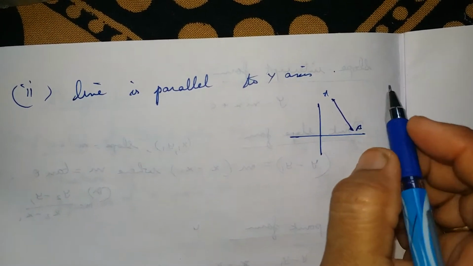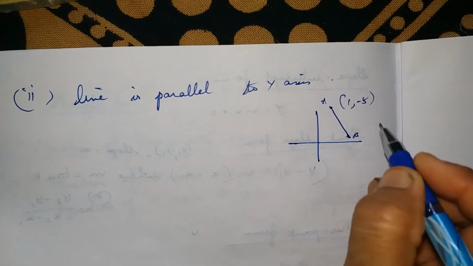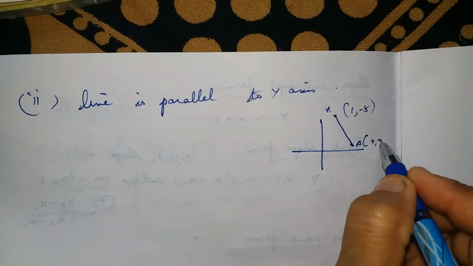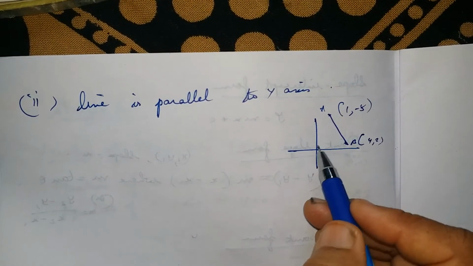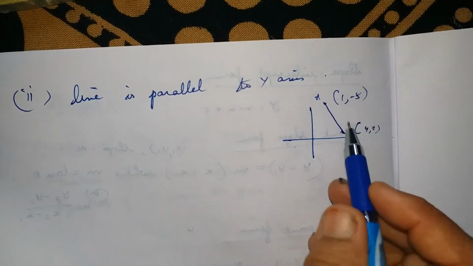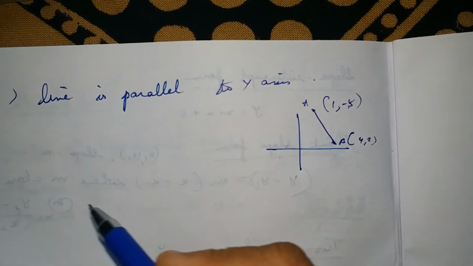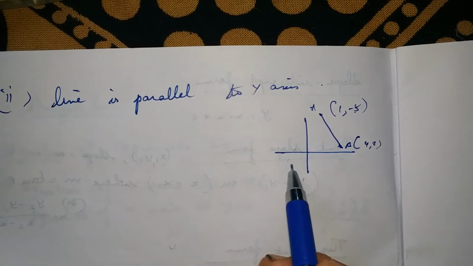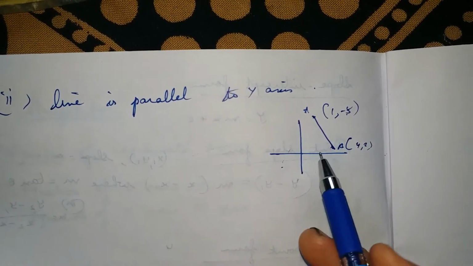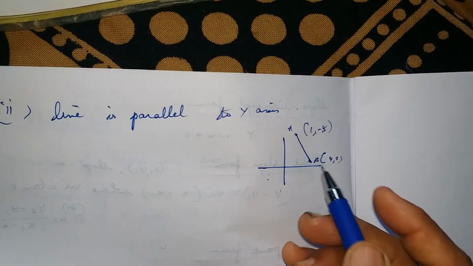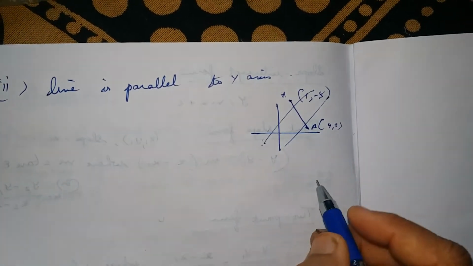Your points are 1 comma minus 5 and 4 comma 2. Roughly only I have drawn, it is not the exact point, remember, because it is negative, it will be here on this side, it will come down. Just for reference only, for you to understand, I have drawn, and it is parallel to the y-axis. If you want to draw the exact diagram, I will draw for you.